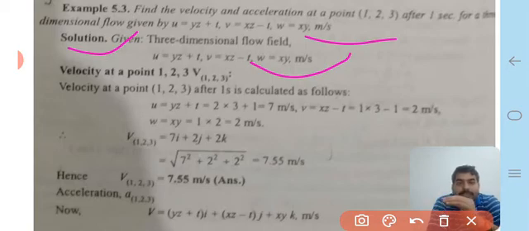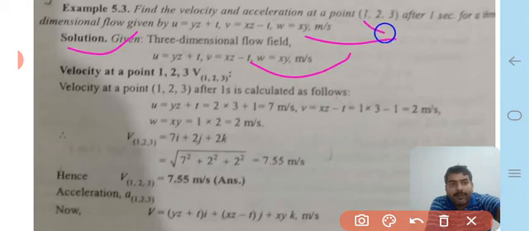Therefore, the velocity at the point asked in the question, 1, 2, 3, after 1 second.